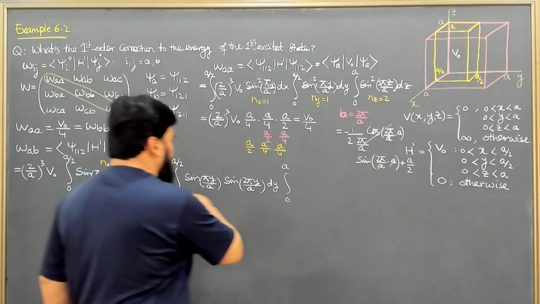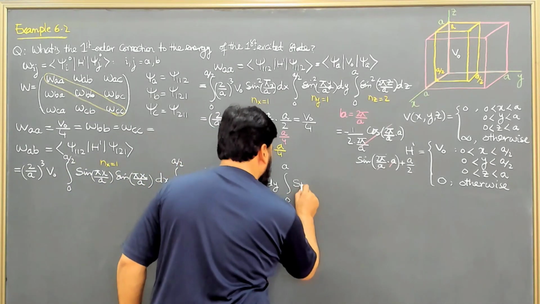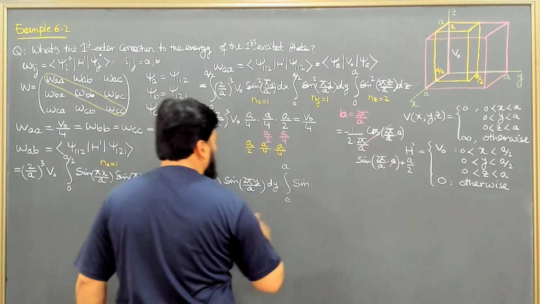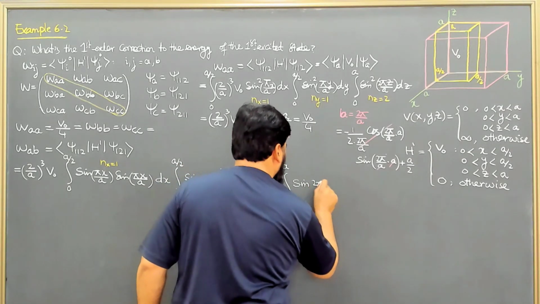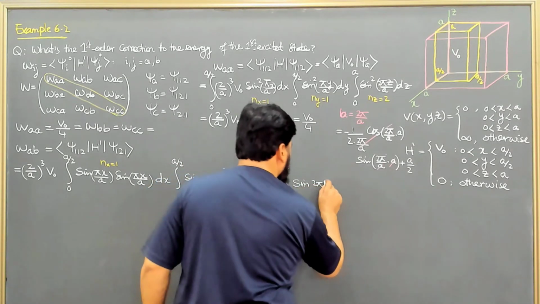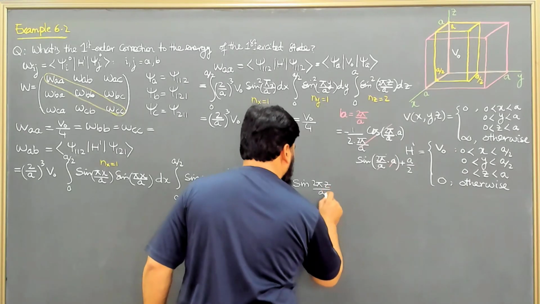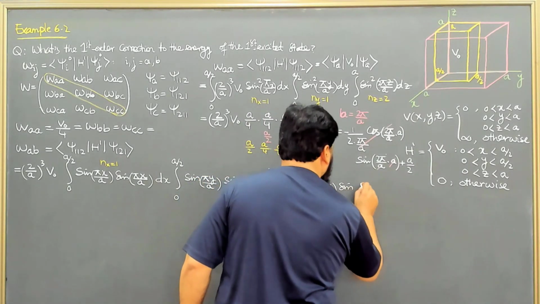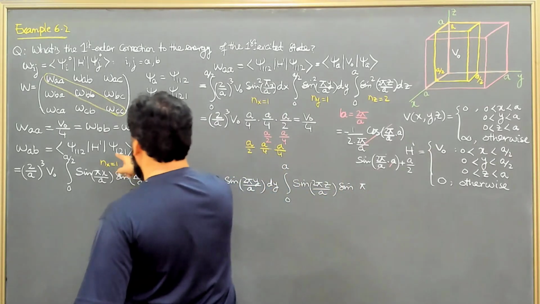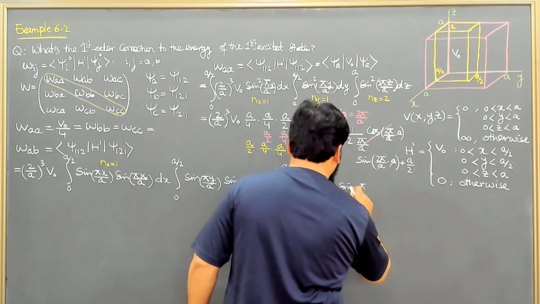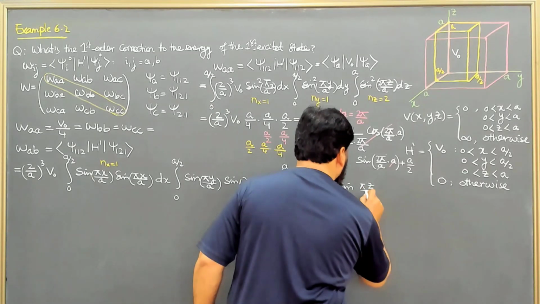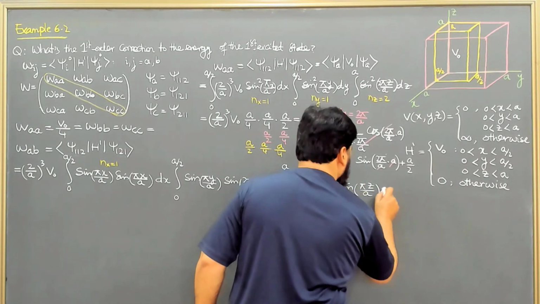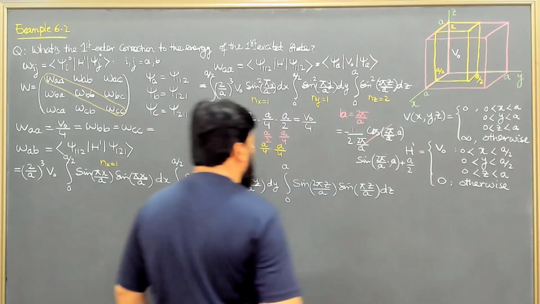So I will write sine 2πz over A and sine πz over A, because it is 1 here, and dz here.